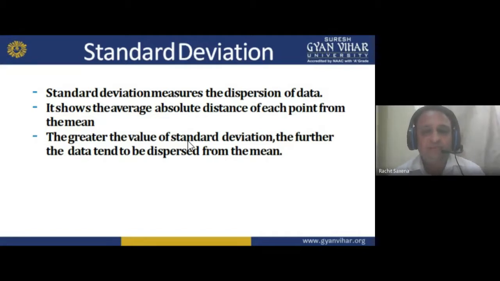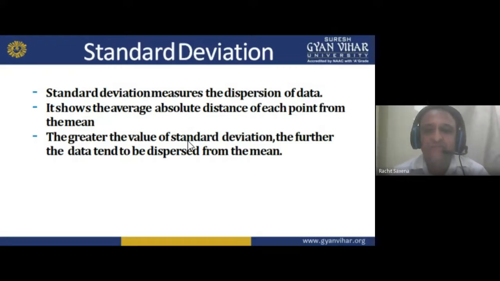Okay, now talking about the standard deviation: it measures the dispersion of data. Basically, why are we using the standard deviation? To see how much dispersion of data we are having. For example, I have to take a reading of 5 ampere in my ammeter, but I am not getting exactly 5.